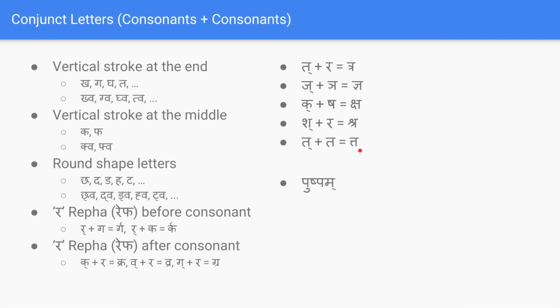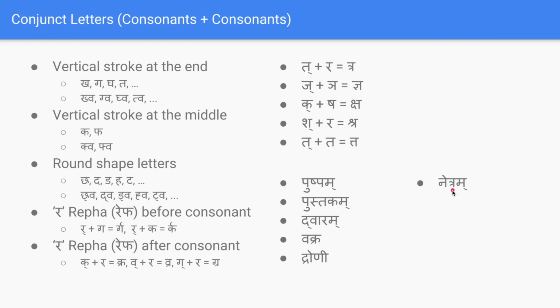And the examples for half letters are like pushpam, where sha is half, and pustakam, where sa is half, and dwaram, where da is half, and vakra, where ka is half, and droni, where da is a half letter.